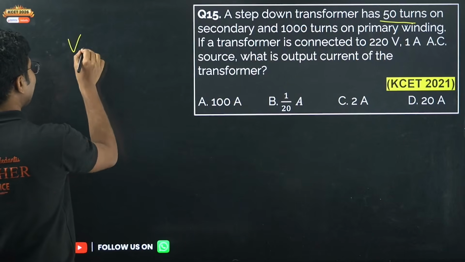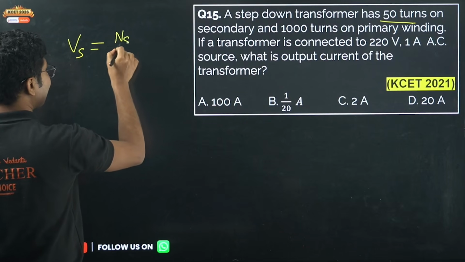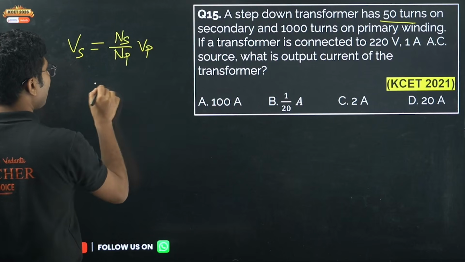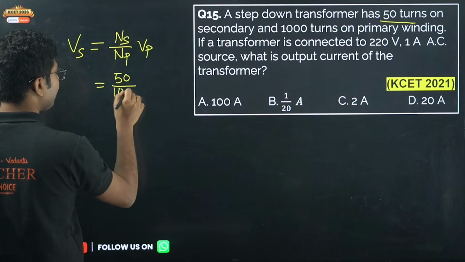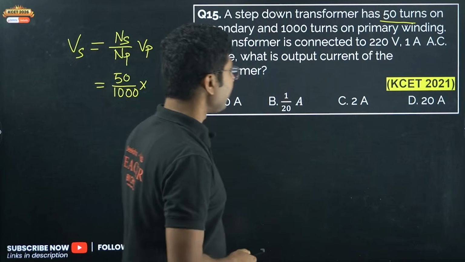So what is the secondary voltage? Secondary voltage is number of turns in the secondary divided by number of turns in the primary into primary voltage. Number of turns in the secondary is 50, number of turns in the primary is 1000, and the voltage given over here is 220 volt.